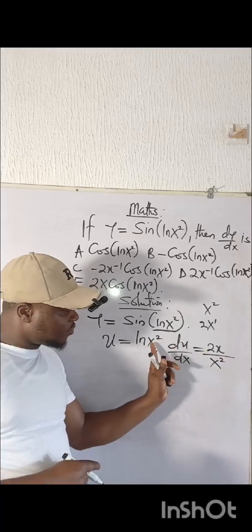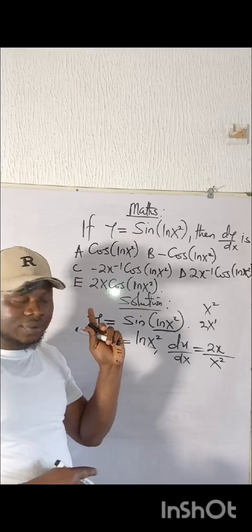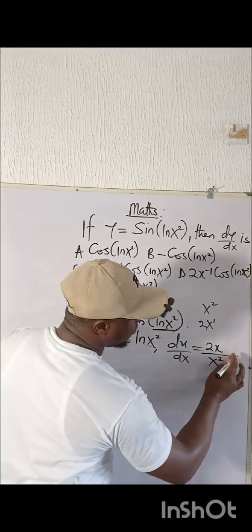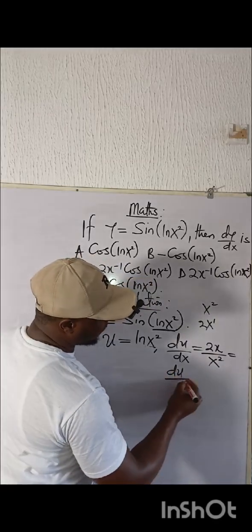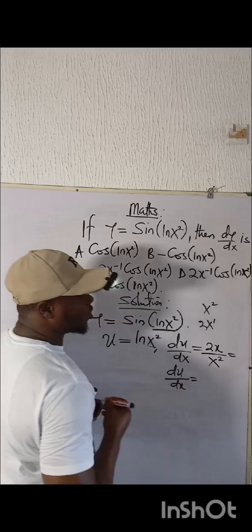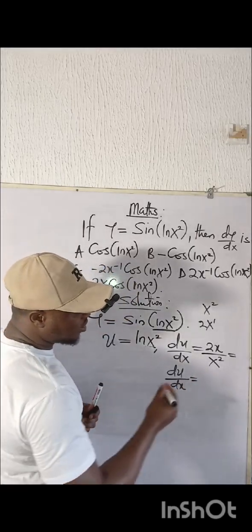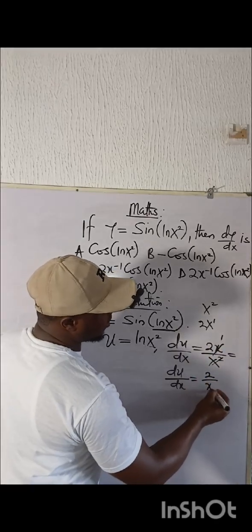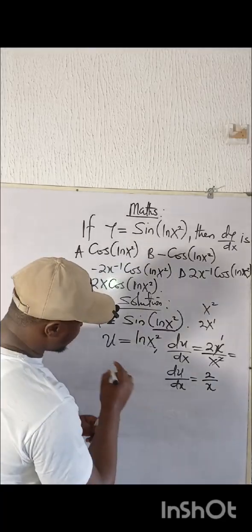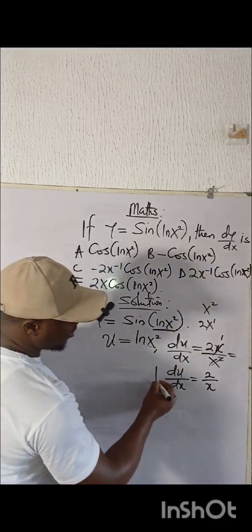Now we are dividing it by this function, which is x squared. Finally, you can see that something can cancel: an x cancels itself once. So we have 2 over x. This is du/dx when you differentiate this.